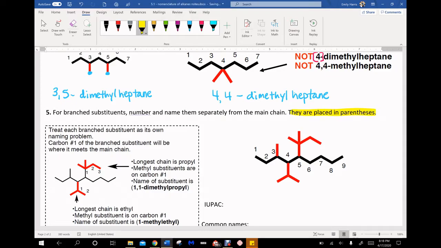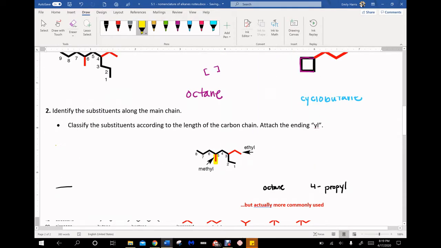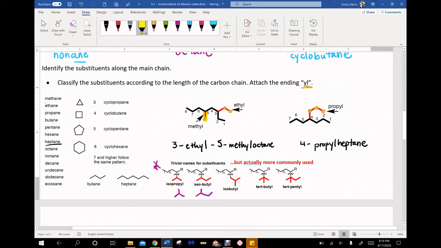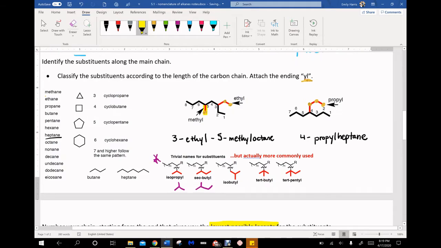And by branched substituents, we're talking about substituents that have other groups coming off of them. So for example, on this one, if you notice how it has an ethyl and a methyl group protruding from its main connection to the main chain. And so these branched substituents are also where the more commonly used names of isopropyl, isobutyl, and tert-butyl will come into play as well.